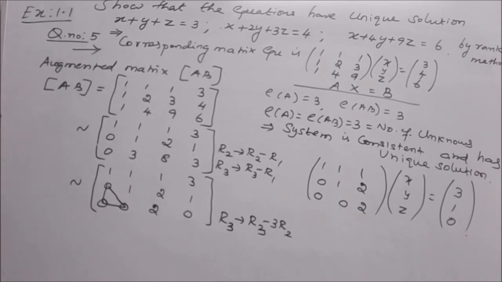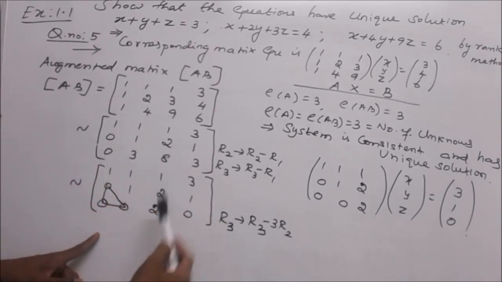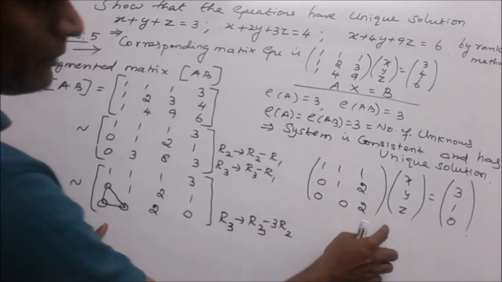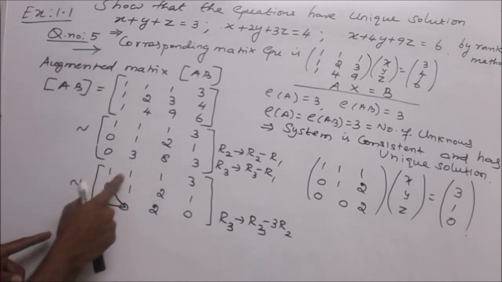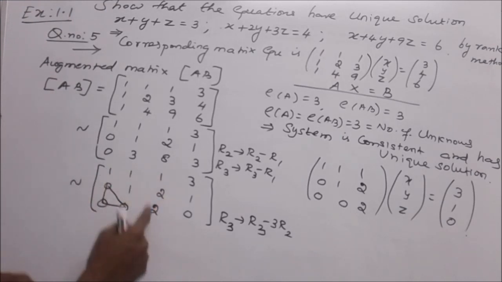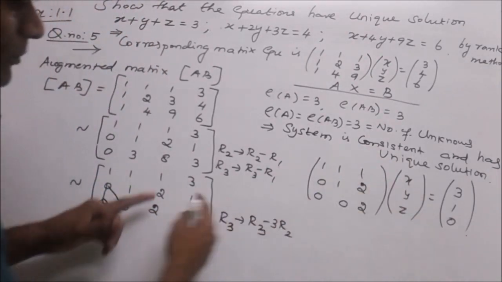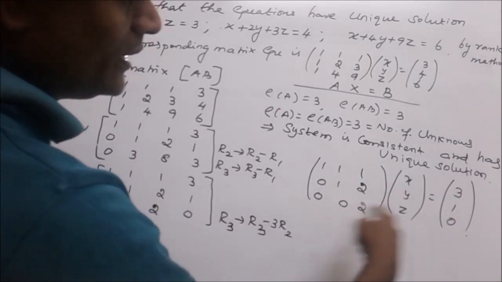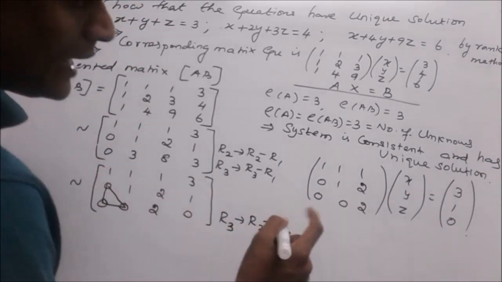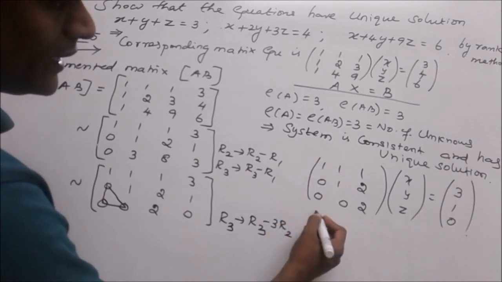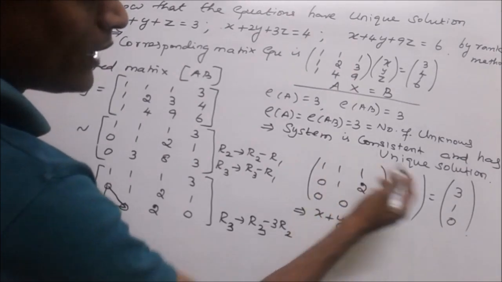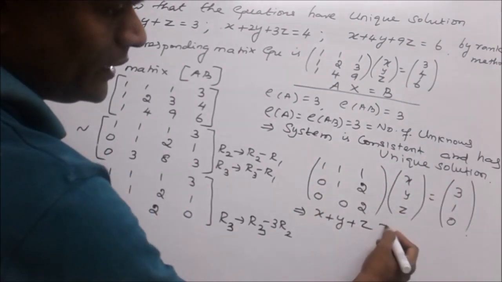To find the unique solution, write the last equivalent matrix in matrix form: the coefficient matrix, the variable matrix and the constant matrix. The coefficient matrix is 1 1 1, 0 1 2, 0 0 2, and the variable matrix x, y, z equals the constant matrix 3, 1, 0. Now equating these, we will have 3 different equations. The first is x plus y plus z equal to 3.